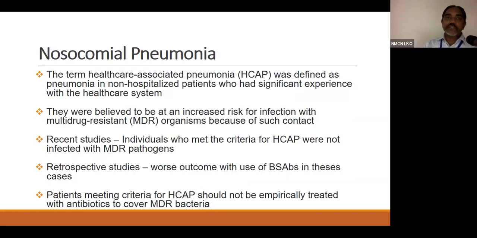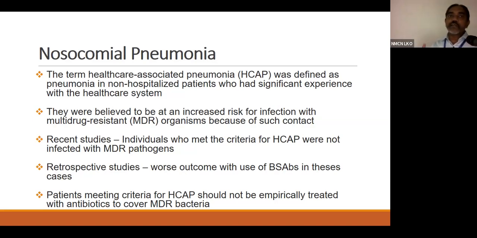In the latest guidelines for management of CAP, the ATS and IDSA have removed the term healthcare associated pneumonia, because the belief that these patients had an increased rate of infection with drug-resistant pathogens was not found to be true.